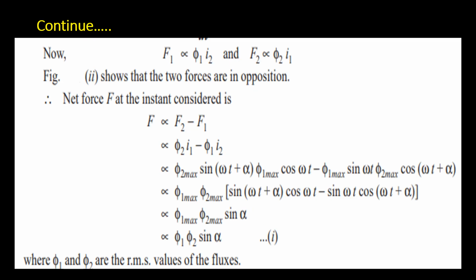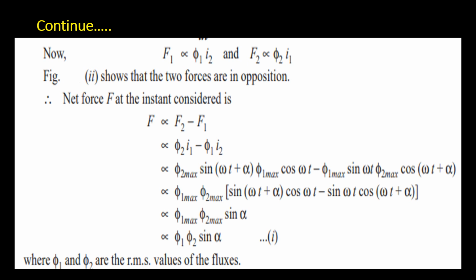In case of induction relay, torque produced in the disc is by the interaction of one magnetic field with current induced in the disc by the other magnetic field. So accordingly, force produced F1 is directly proportional to phi1 into I2. Similarly, another force developed F2 is proportional to phi2 into I1.